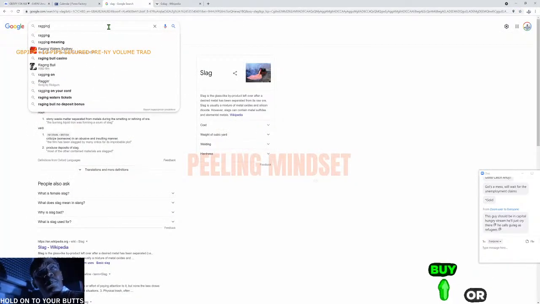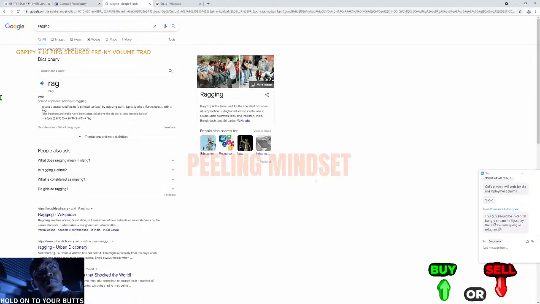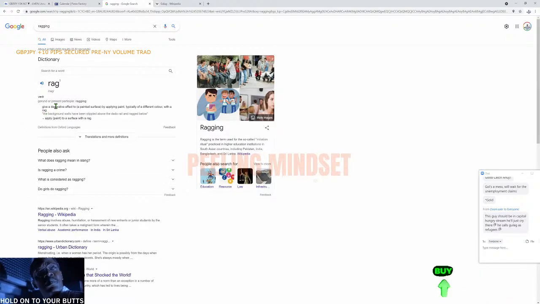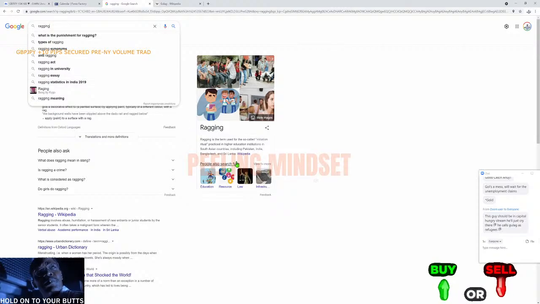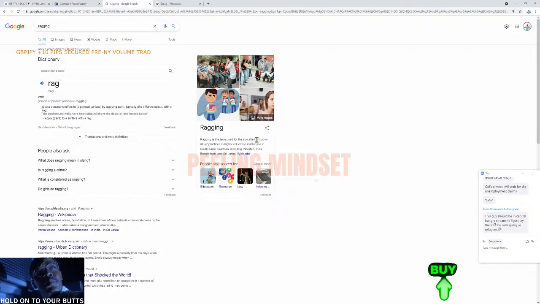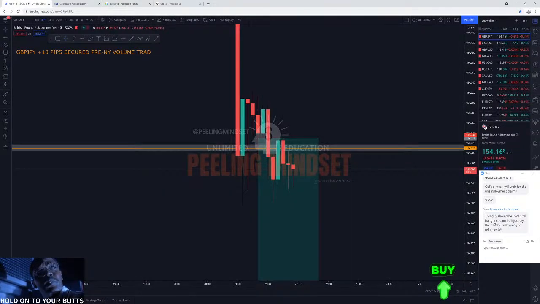Ragging. See, I have to use my magical dictionary here. So rag. Apply paint. Oh, ragging, initiation ritual. Ooh. No, there's no ragging here, man. No, I wouldn't say that's ragging.